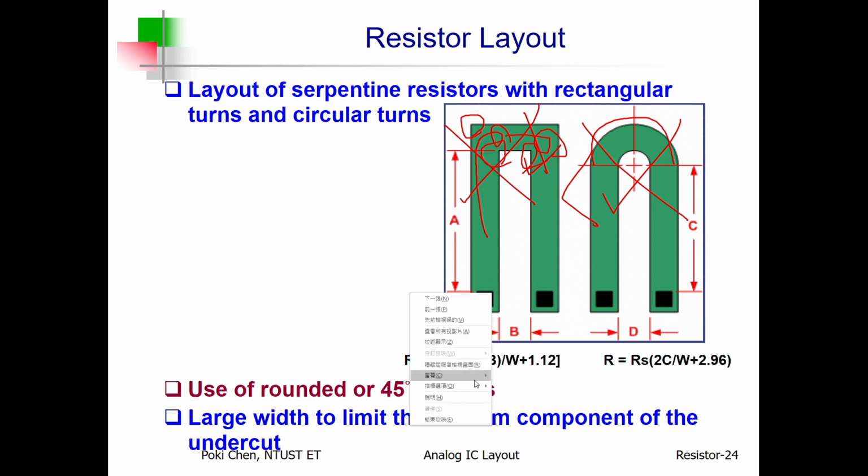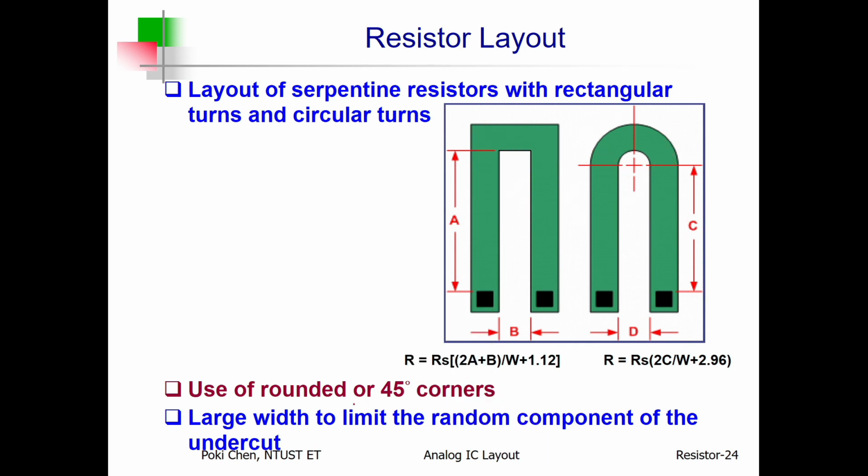If you really want it, you may have such kind of 45 corners or rounded. All right, rounded is the best for such kind of U-turn, but sometimes it is not allowed by your EDA. Then instead, you can have such kind of 45-degree corners.